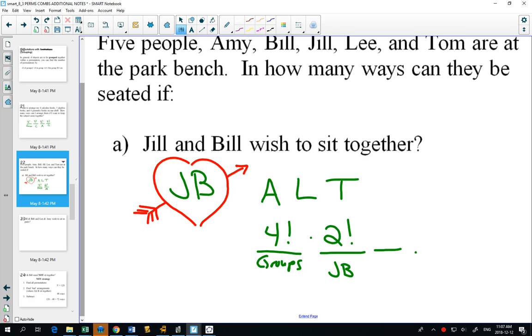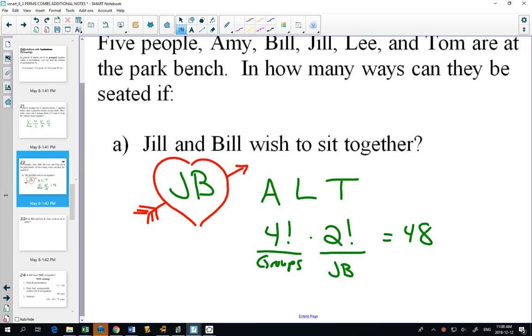And if you wanted, you could do 1, 1, 1 for the other ones, but you would not need to show this because there's only one way to arrange Amy in her group. She's just Amy, just Lee, and just Tom. So there's going to be 24 times 2, 48 ways they can sit on the bench where Jill and Bill are together.